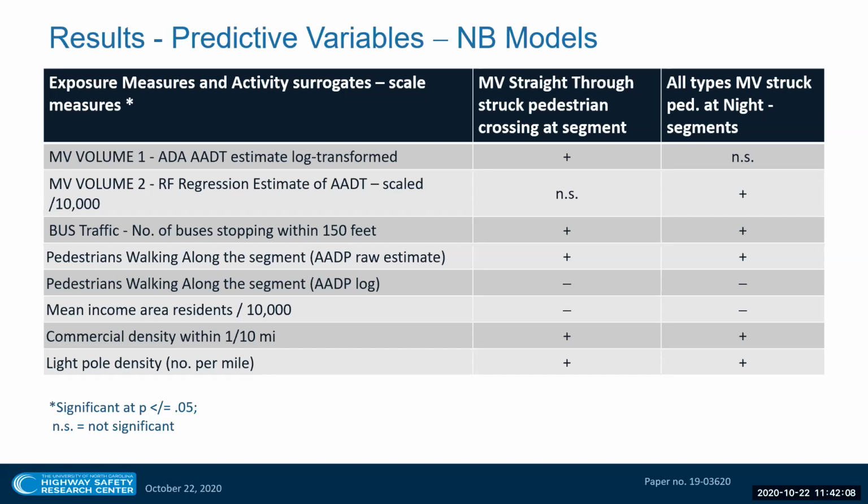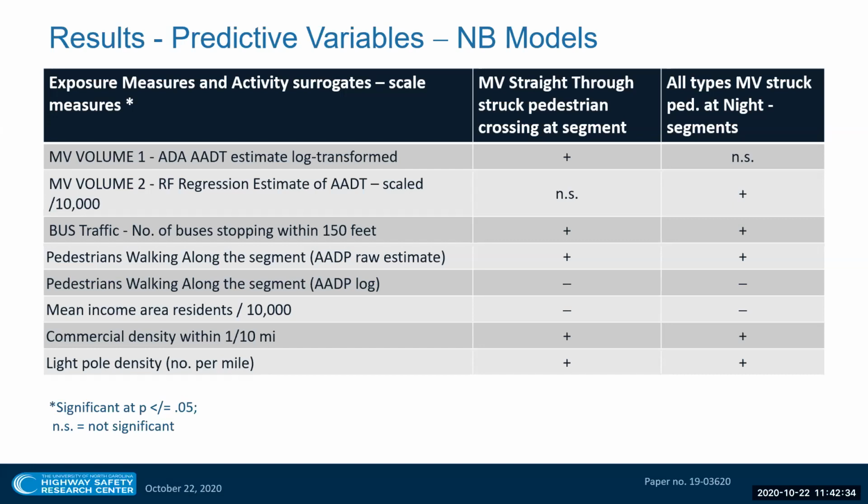Unfortunately, sometimes you get this situation where a measure that seems to be a safety measure has an unexpected direction of effect. So here, the light pole density was positively correlated with our pedestrian crashes, even those at night. And so that suggests that we're not able to fully account for the implementation of this measure or its quality.